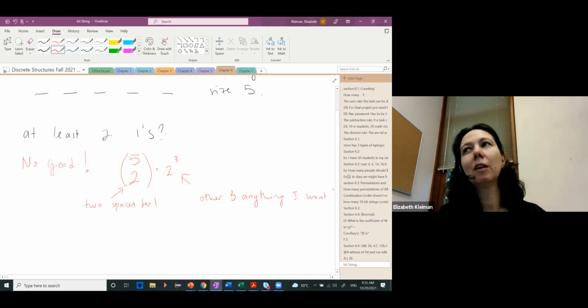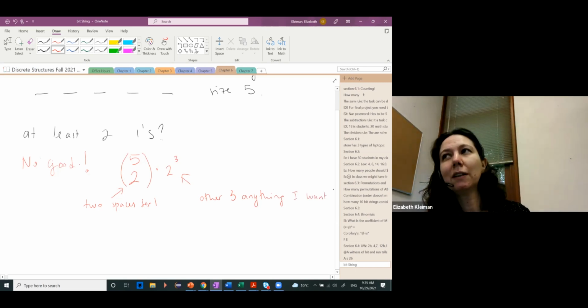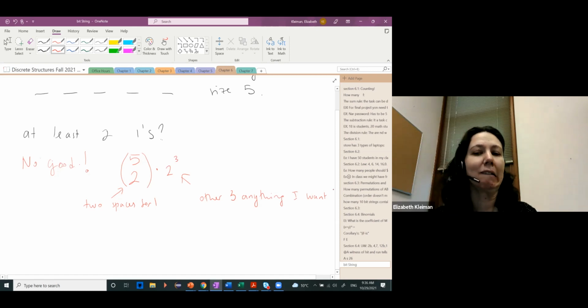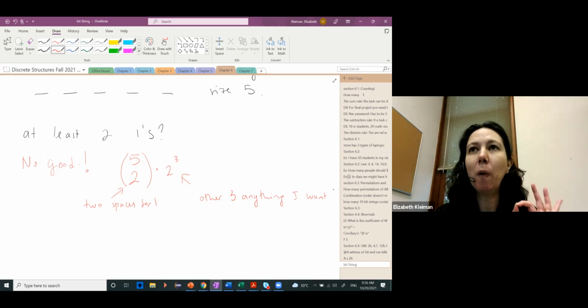This is looking good, but it's broken. This is red. Red meaning don't do. And now I'm going to explain to you why it is bad.